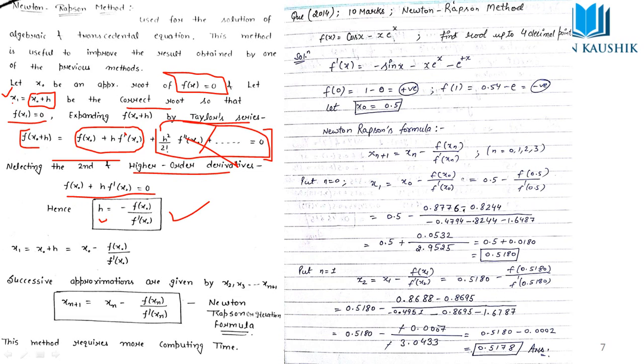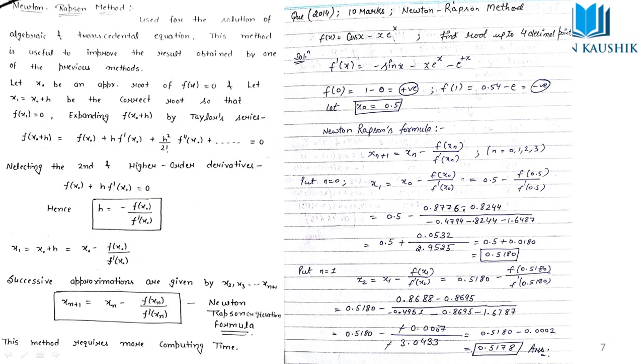Okay. We have taken x1 equals x naught plus h; just substitute this value over here and you will get this formula: x naught minus f of x naught divided by f dash x naught. So this is 1 and this is 0, 1 less. If here it is 2, then here you will get x1.